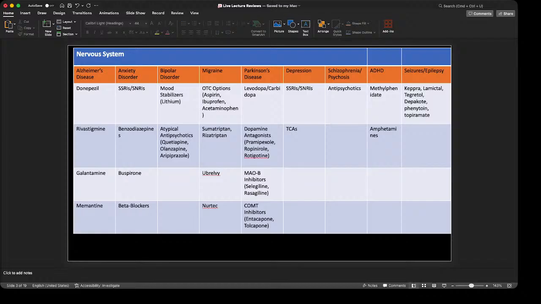Then the migraine medicines: sumatriptan, rizatriptan, Ubrelvy, Nurtec, those kinds of things. Some OTC options like aspirin, ibuprofen, acetaminophen, or Tylenol.